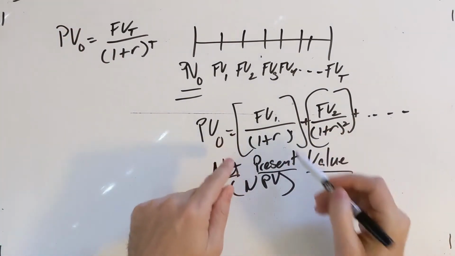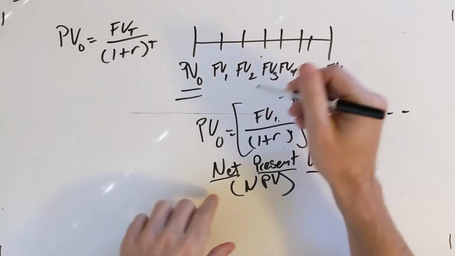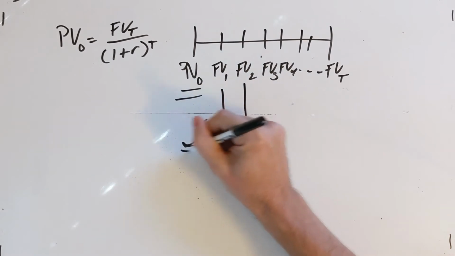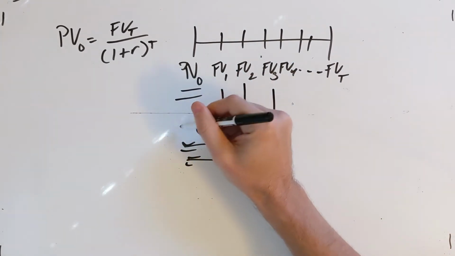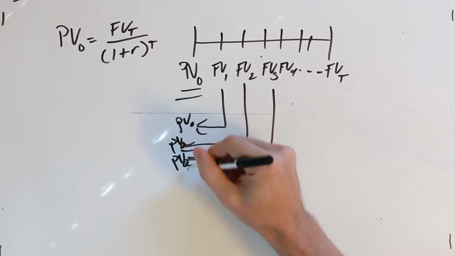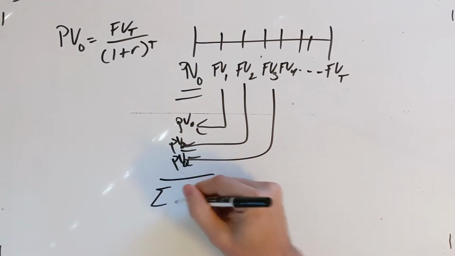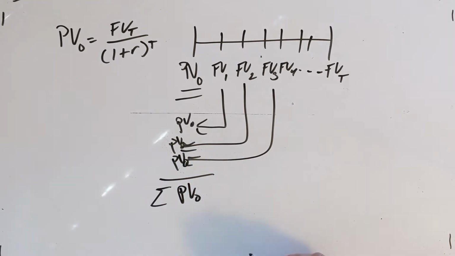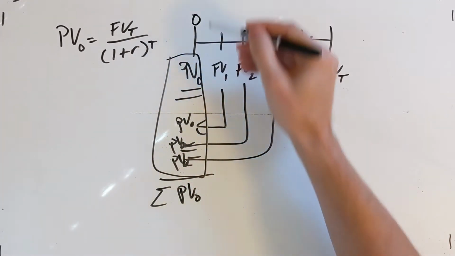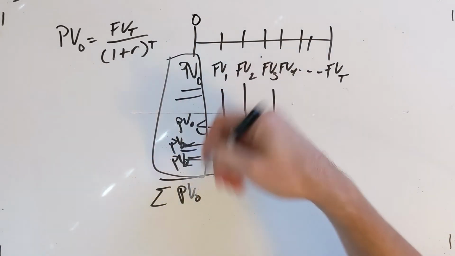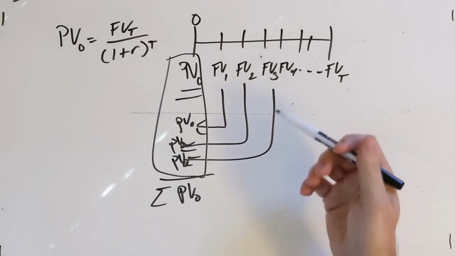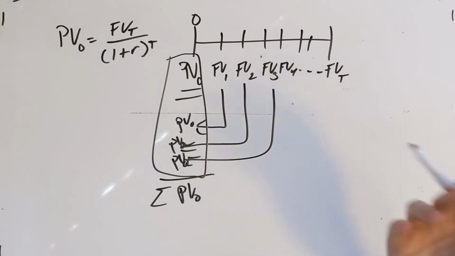And so this allows us to take a bunch of cash flows and put them all into present values, and then we just add up all those present values, because once they are all in the same time period, we can just add them, subtract them, whatever we need to do. And so that's the underlying concept of a net present value.